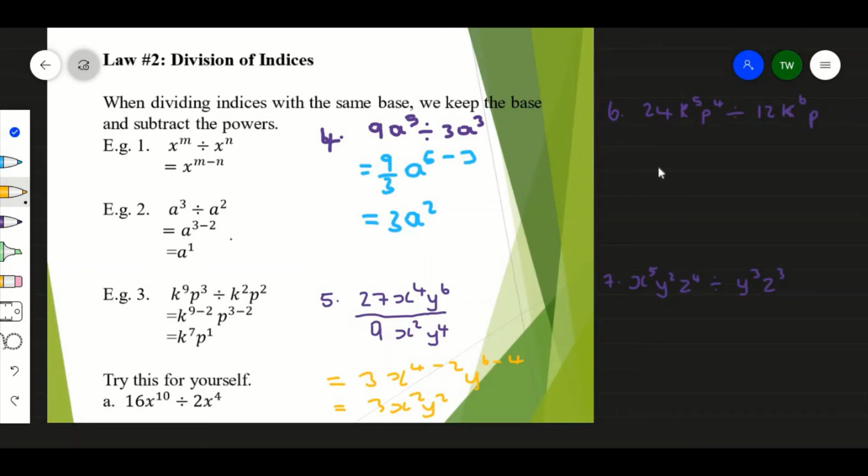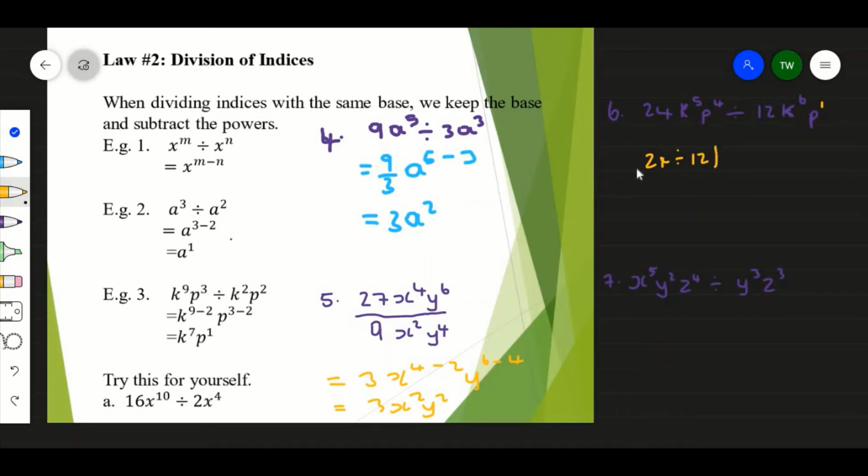Alright, example 6, we have 24k to the 5th p to the 4th divided by 12k to the 6th and p. Remember that this p here means p to the 1st. Alright, so we're going to divide the coefficient of each term. So it's going to be 24 divided by 12.